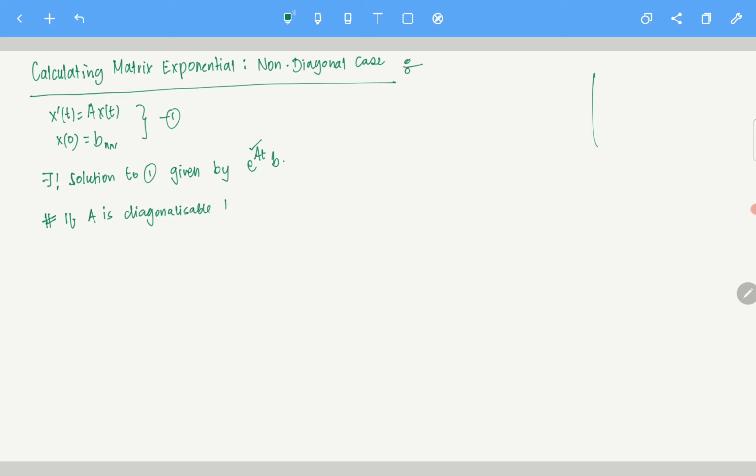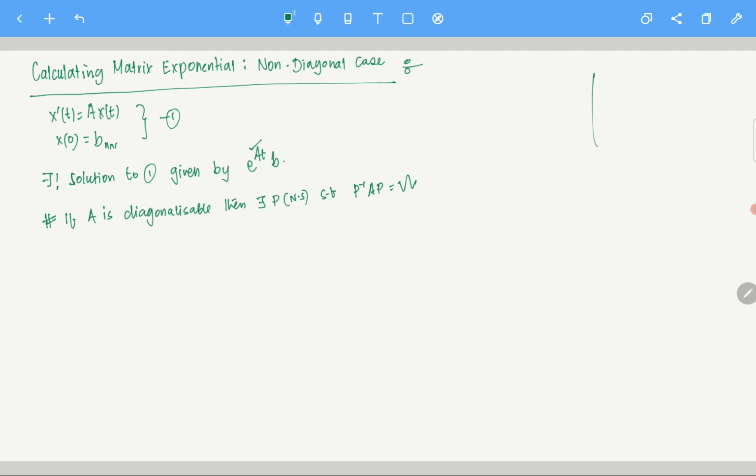then what can you do? You can say that there exists a matrix P, an invertible, non-singular matrix. We already covered it, but essentially there exists a P such that P inverse AP is given by a diagonal matrix delta.